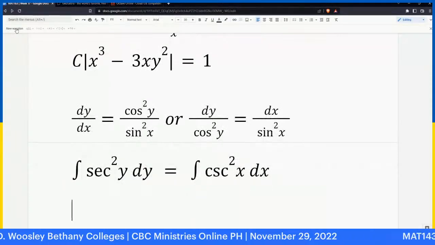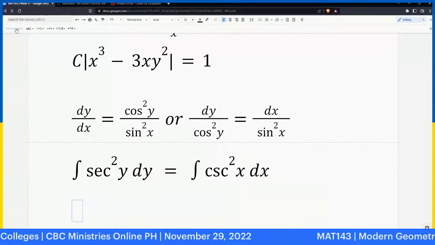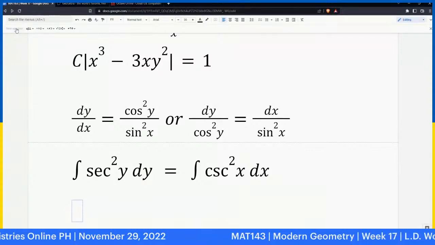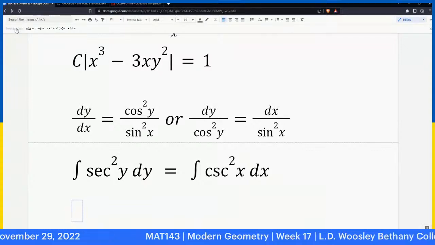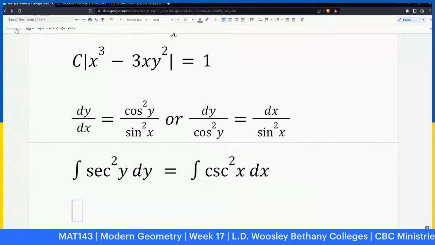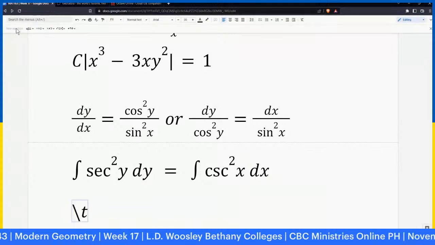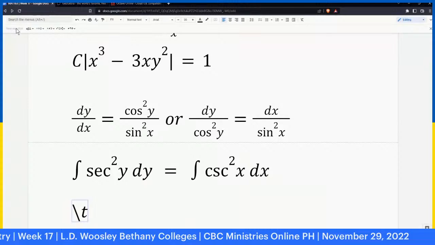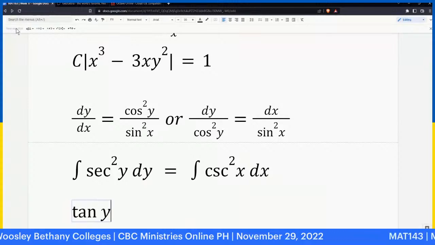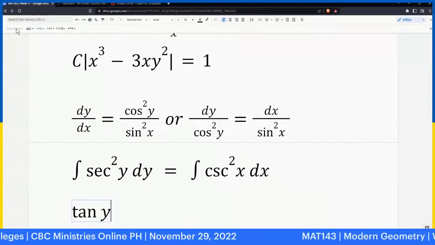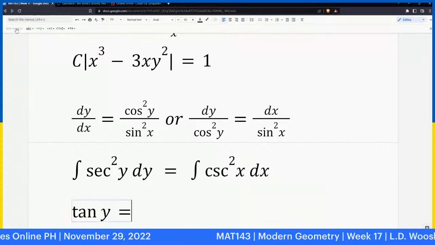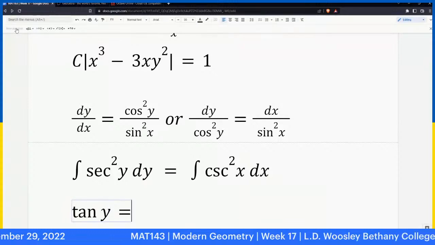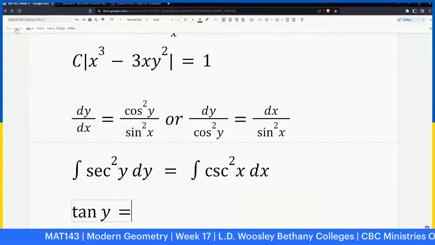And what's the answer? Integral of secant squared. Tangent y is equal to integral of cosecant squared.